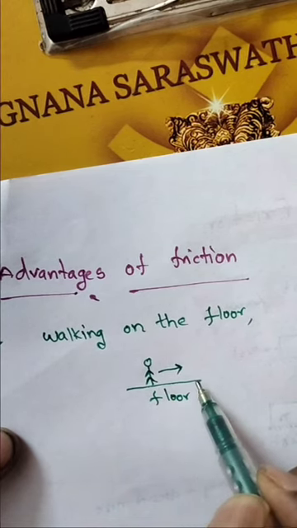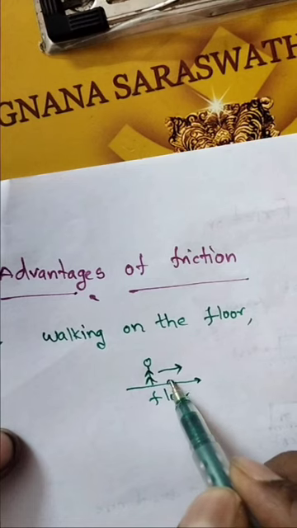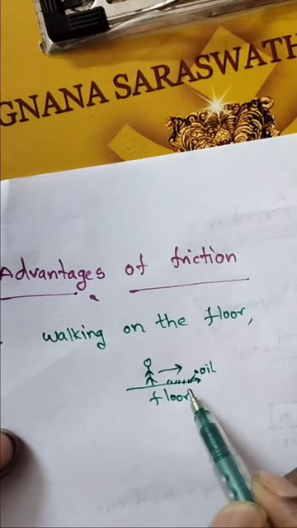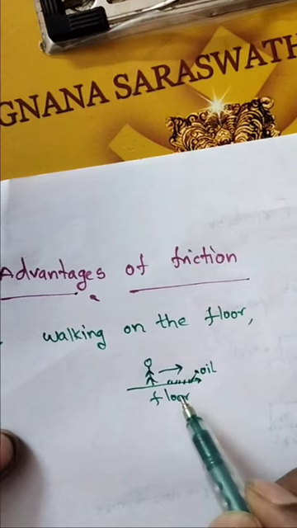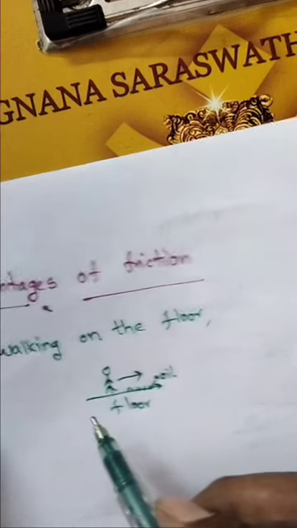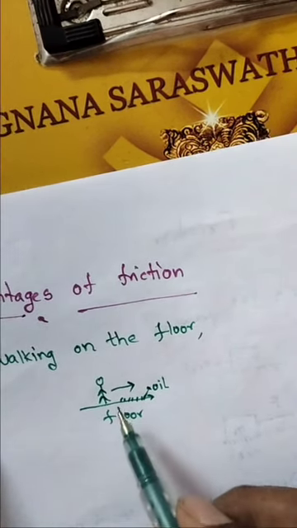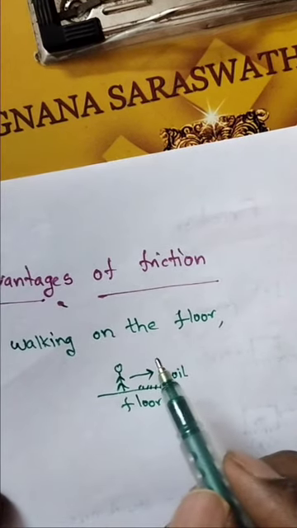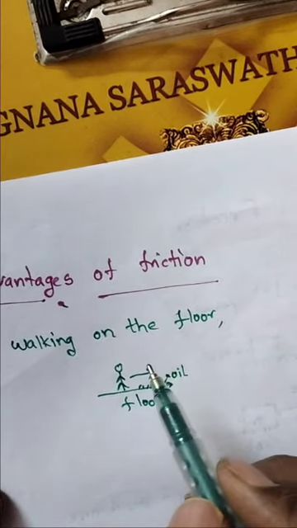Suppose there is some oil on this floor, then walking is very difficult, because friction is always acting between two relative objects. So walking on the floor is one of the good advantages in human life.